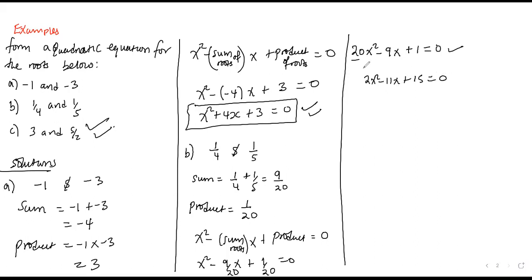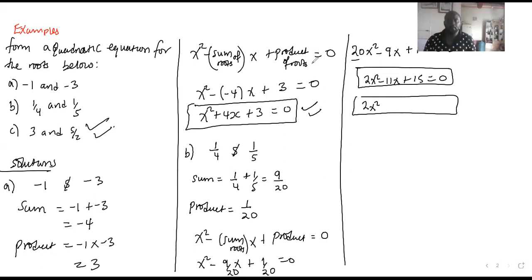The other first one was what? The gentleman, give me your answer again. Two x squared minus 8x plus 15 equal to 0.